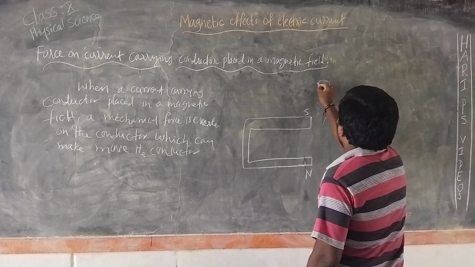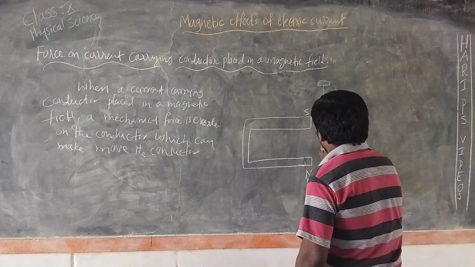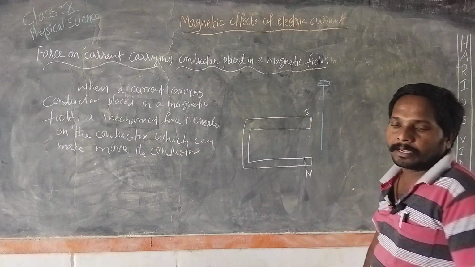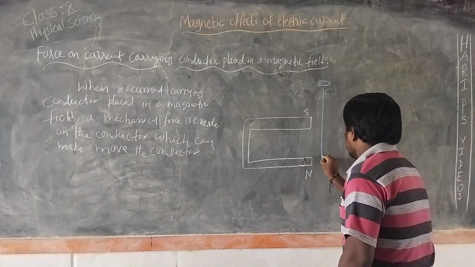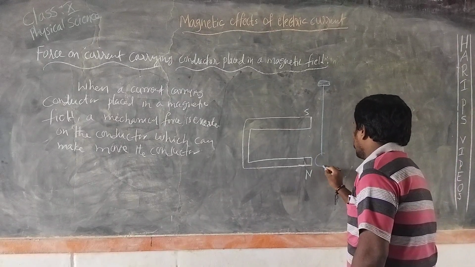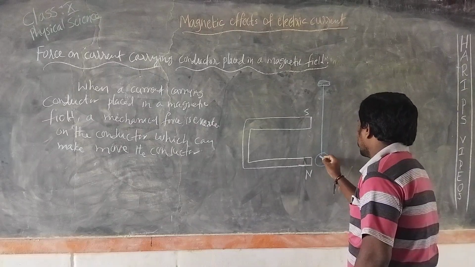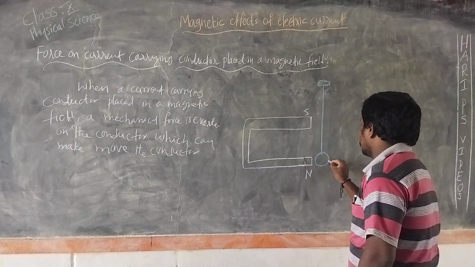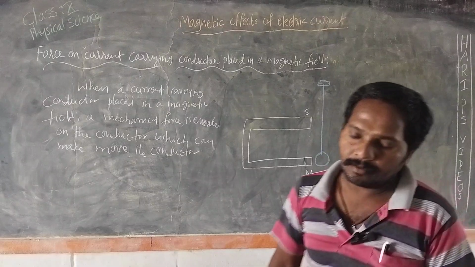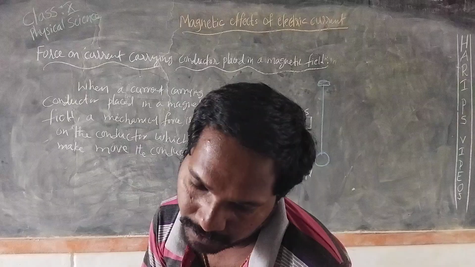Then, with the help of a supporter, a current carrying conductor is suspended and inserted in a small metal cap or some other shallow vessel placed at the lower end between the U-shaped bar magnet.